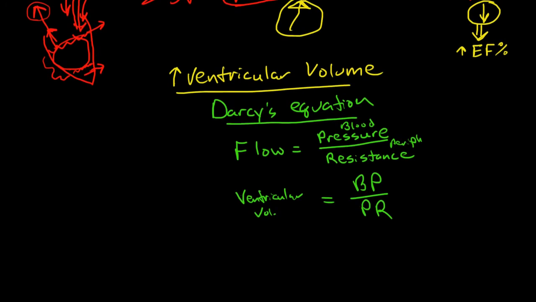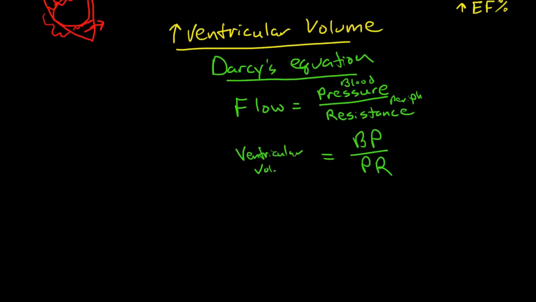Okay, so the body actually does a very good job of maintaining a constant blood pressure, and it does this by automatic responses: if blood pressure decreases, we increase heart rate or contractility, and we'll get into that a little bit. So peripheral resistance, interestingly enough, there are some central controls for peripheral resistance, but the main determinant of peripheral resistance is actually the amount of oxygen that is needed in the tissues.